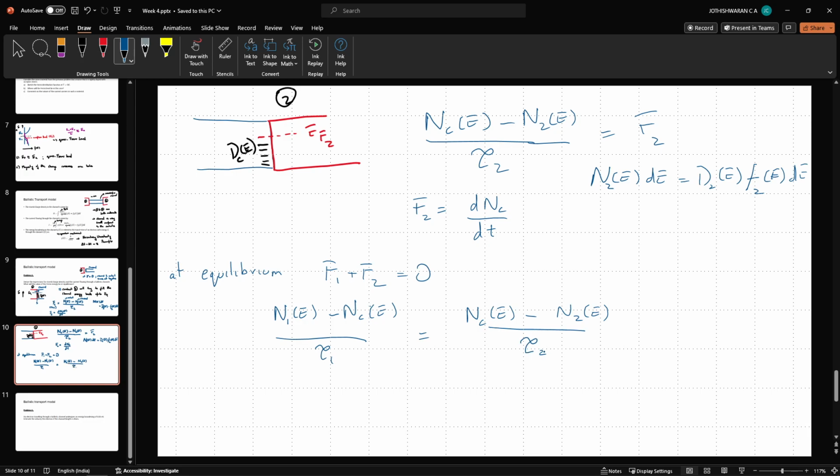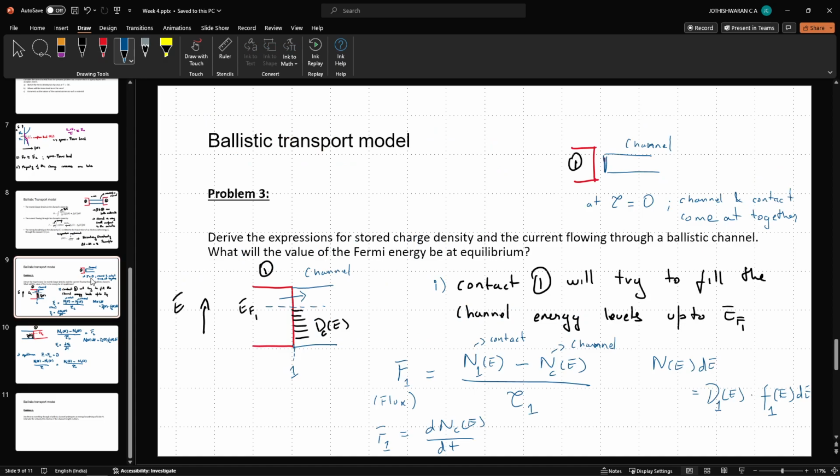Now what we can assume is, again another fair assumption, since we are talking about one device, usually the device is made as a whole. We don't make the source, the drain and the channel separately and attach them together. The devices are usually etched or grown on the same substrate, so all these contacts are created roughly at the same time. When the devices are functioning, I don't give voltage to the source first and then the drain.